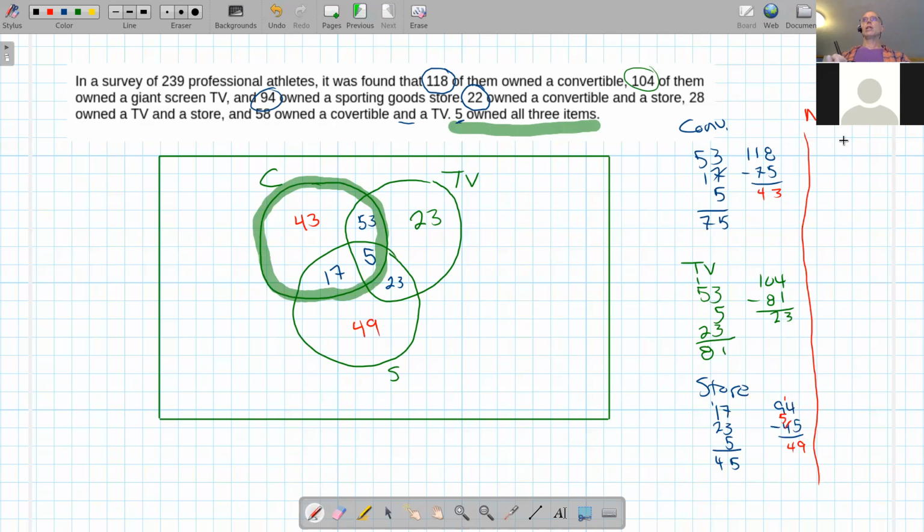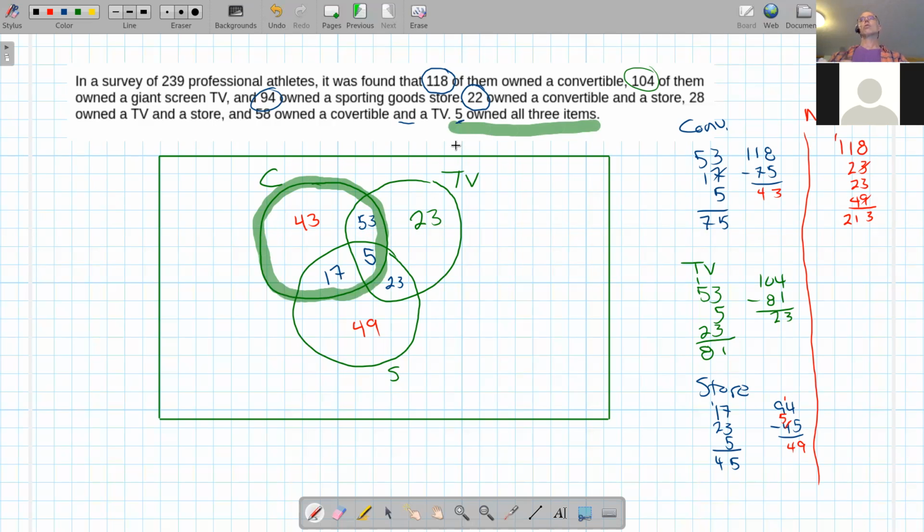So that would be the 118 that owned a convertible plus 23 plus 49, the ones outside. So we get 8, 9, 10, 11. 1 and 3 is 4, and 9 is 13. 213 are accounted for in the union of all three sets.